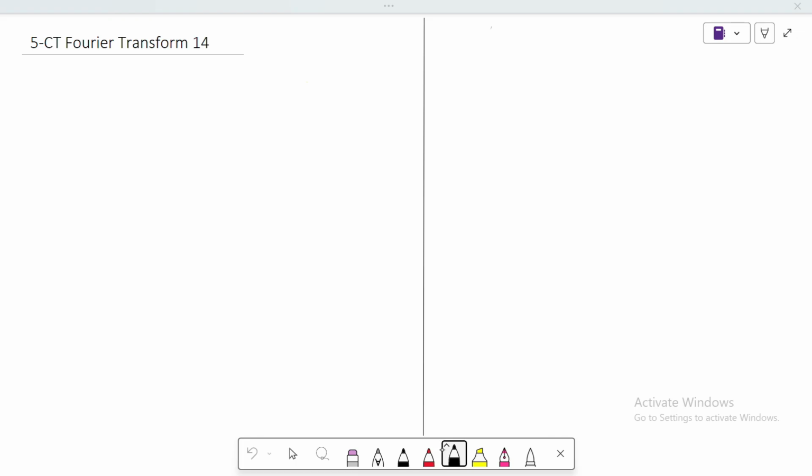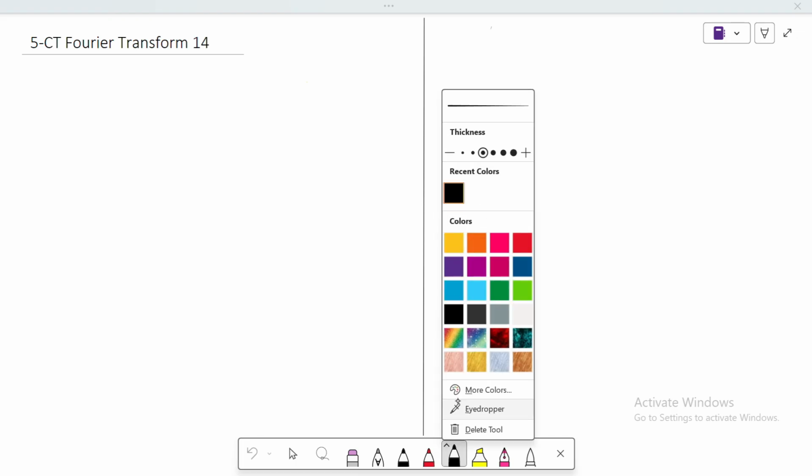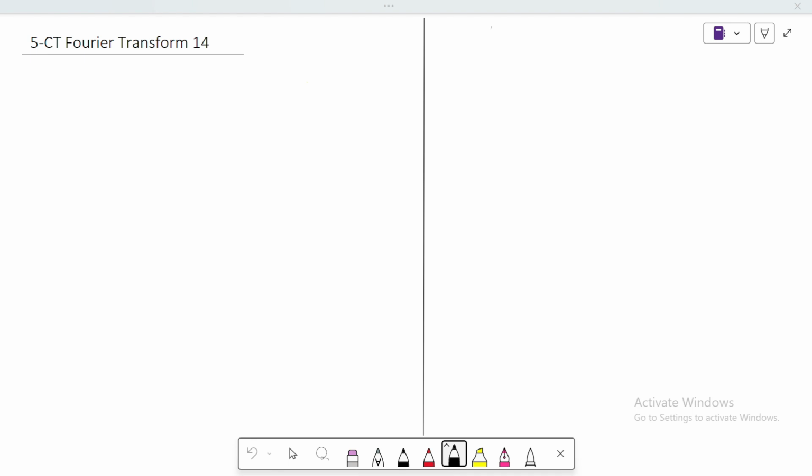Here, I am taking one impulse signal. You know that the Fourier transform of the impulse signal is one.